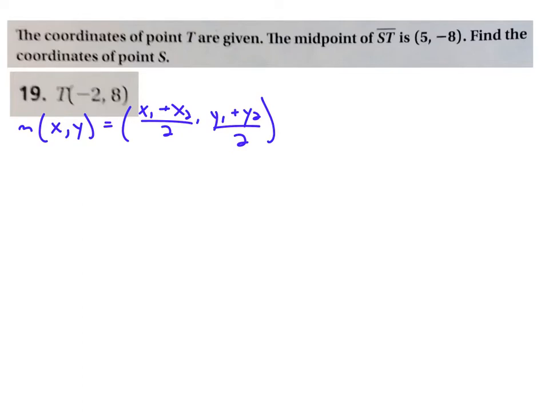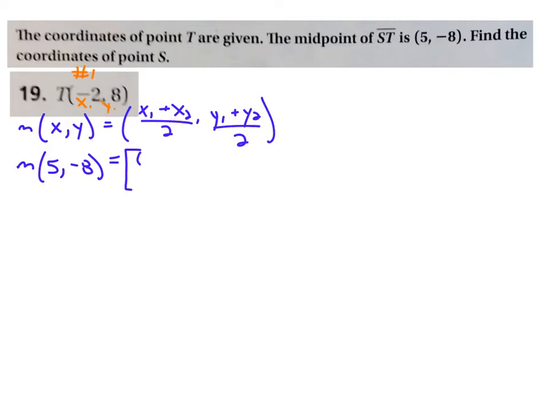Okay, so we're going to start with the first basic equation, that equation that the midpoint in x and y equals the average of the x coordinates and y coordinates of the 2 points, the endpoints. Okay, we know that the midpoint is at 5, comma, -8. They tell us that in the problem, and then they say one of the points is at -2, 8. So we put that in parentheses, and we say this is point number 1.